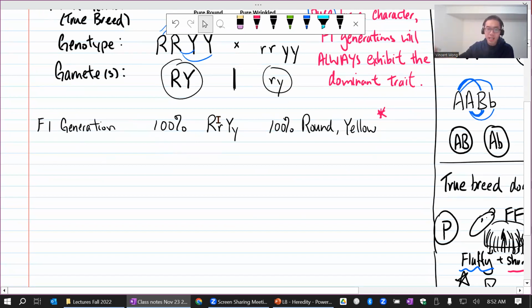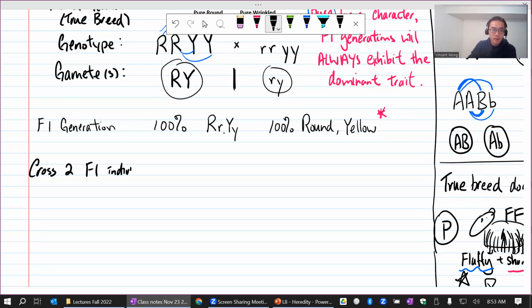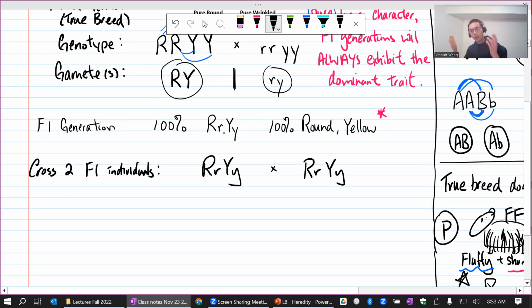They are 100% round, 100% yellow, 100% hybrid for R and for Y. So we're going to cross two F1 individuals. We're going to take two F1 individuals and cross them. So that would be one plant like that, and then the other plant like that. They are the same because they are both taken from the F1 generation, right?